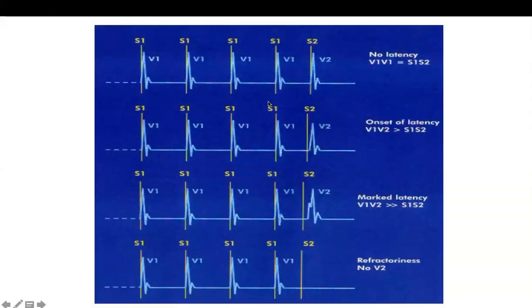We talked about something called latency, because that is very important when we evaluate the effective refractory period of certain chambers, the atrium or ventricle, or the conduction through these kinds of structures. So when the V1 or S1 is fixed here, then we shorten the S1, S2.